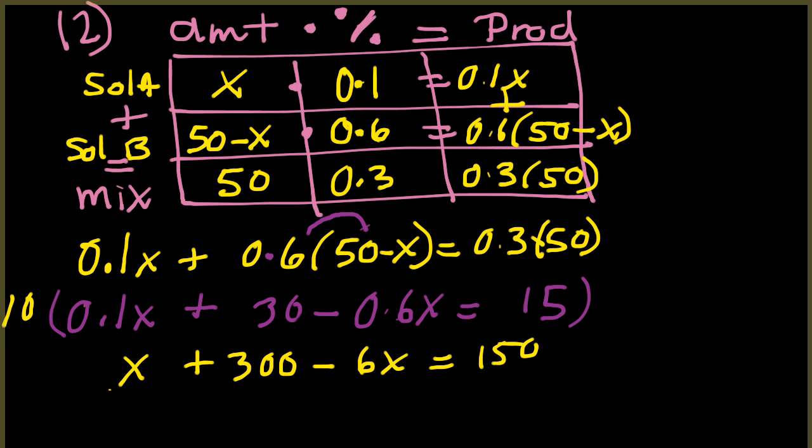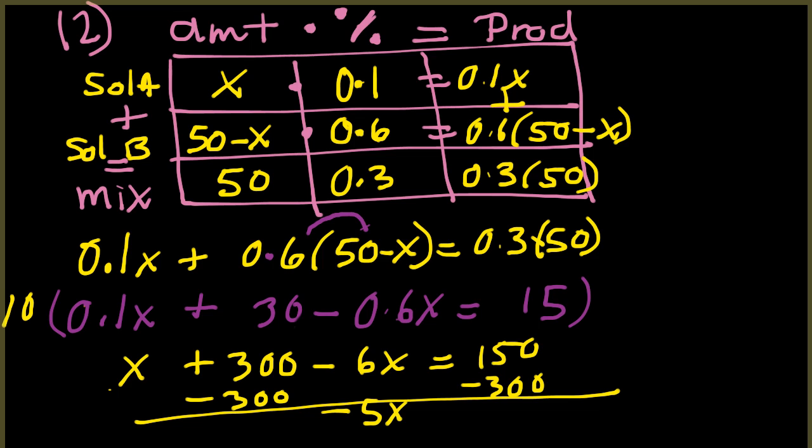X minus 6x makes negative 5x. I'm going to subtract 300 from both sides. What I'm left with is negative 5x is equal to negative 150. Divide both sides by negative 5. And what we're left with is x is equal to 30.